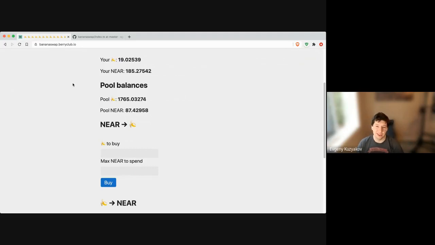Vlad, in this case, mines all liquidity and all the commission, but the amount in the pool grows because the commission is about 10% for every swap.